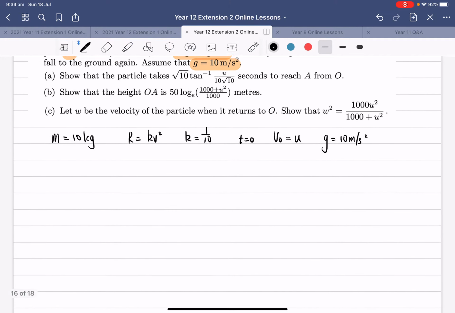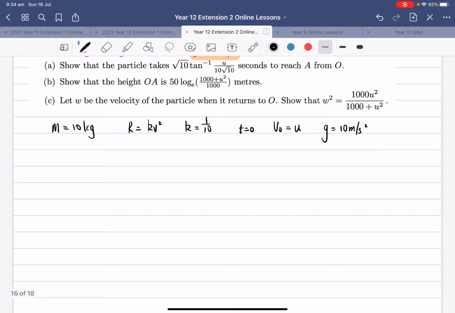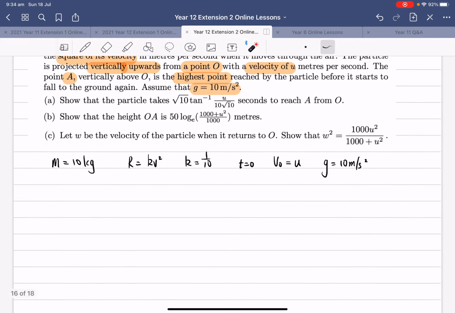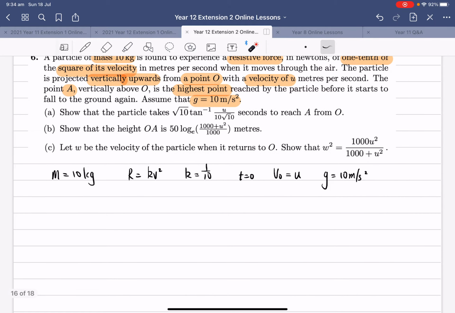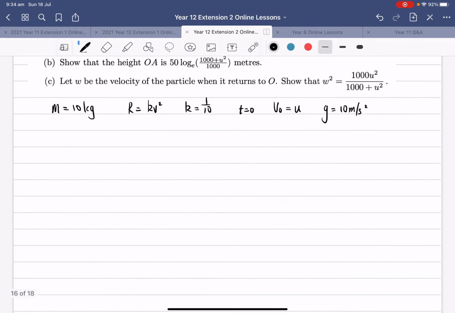Now, let's have a look at the question. Show that the particle takes this amount of time to reach A from O. So that's the starting point, and it goes to the top, which is A here. Let's draw a diagram. We've got a particle projected vertically upwards, where t equals 0 and velocity is equal to u.